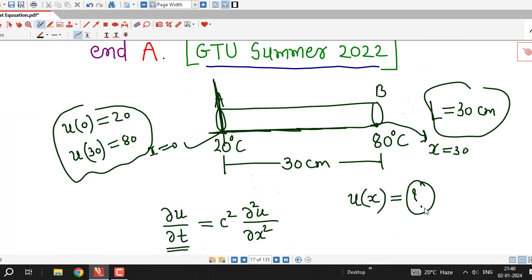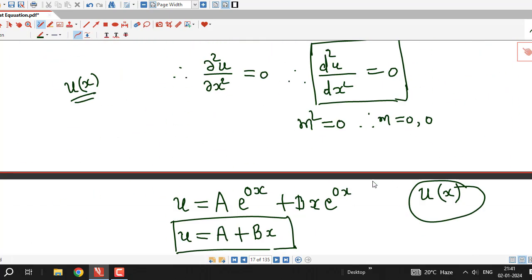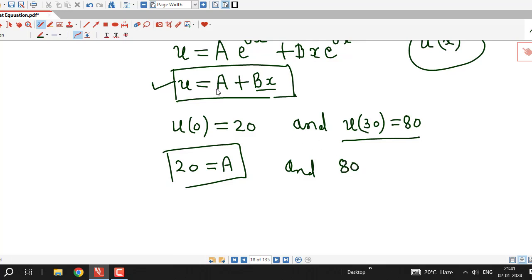It is given that until steady state conditions prevail, the temperature at the endpoints is 20 and 80 degrees respectively, so that is what we are using here. If I take u equal to 20 and x equal to 0, I obtain a equal to 20. For this one I am taking u equal to 80 and x equal to 30, so I write a plus b into 30, or 30 times b.